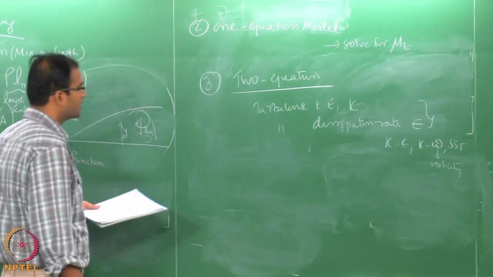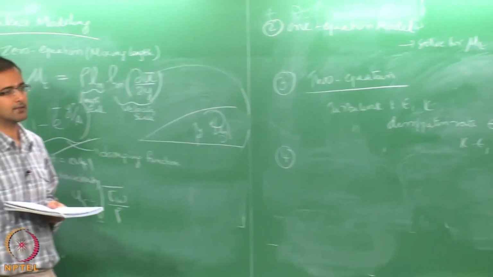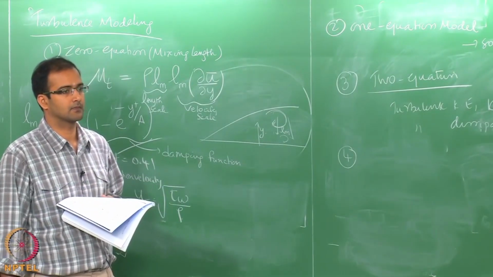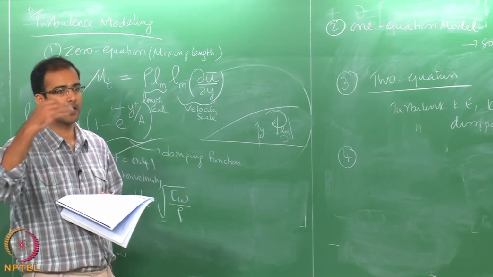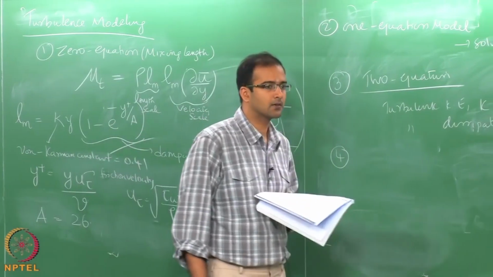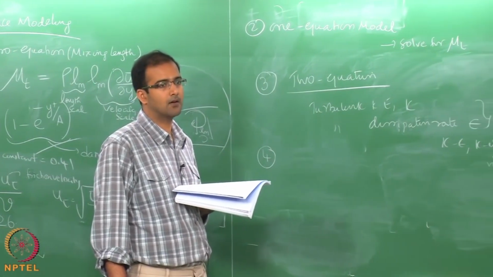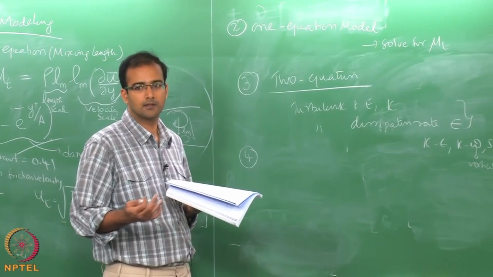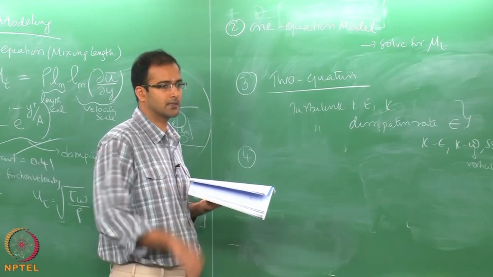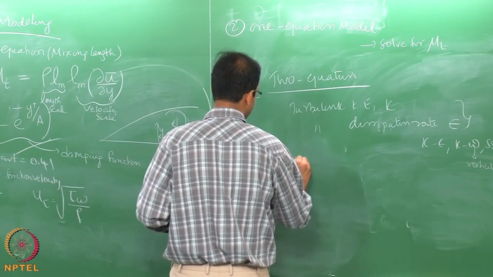And then, rather than applying a closure like the Boussinesq hypothesis, we can construct equations for the turbulent stresses. That is, we can have a partial differential equation for u prime v prime, and solve for all the stresses. We have 9 stresses, out of which 3 are symmetric, so we have 6 stresses plus 1 additional equation for dissipation rate. Therefore, we call this the Reynolds stress model.